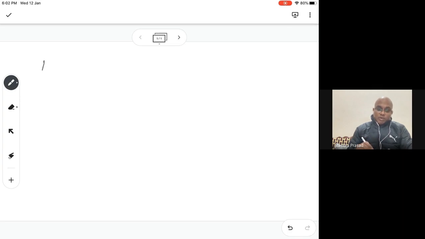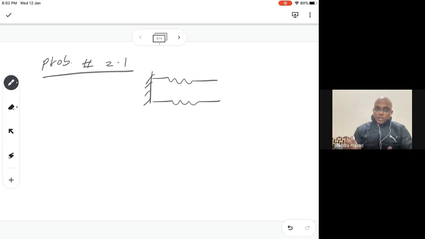The first problem is problem number 2.1. It says, for the spring system shown in the figure, you have one spring here, then another one like this, and then one more, and you have it fixed here.